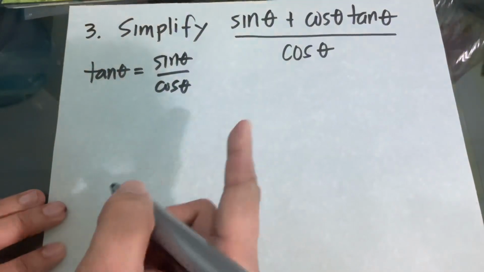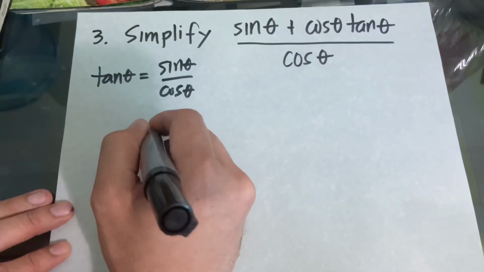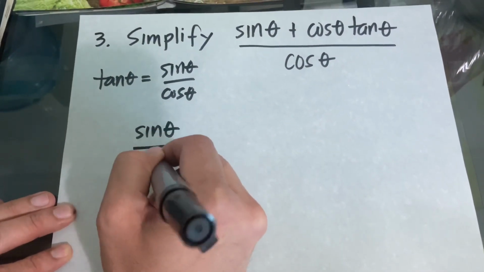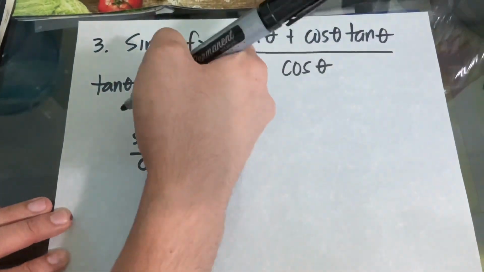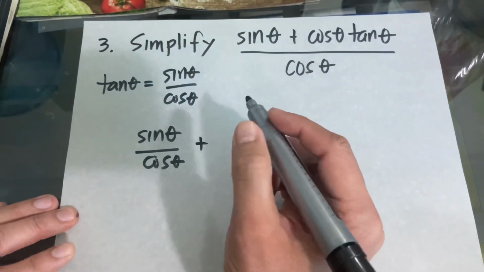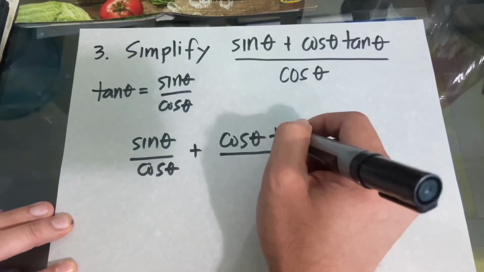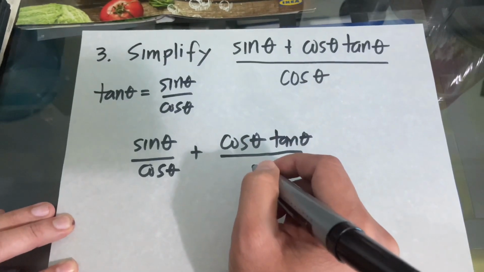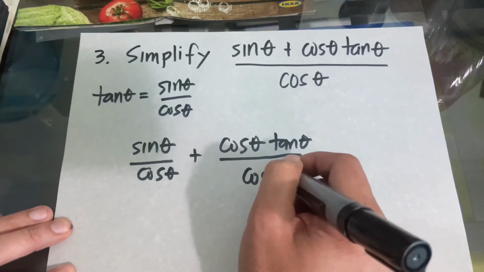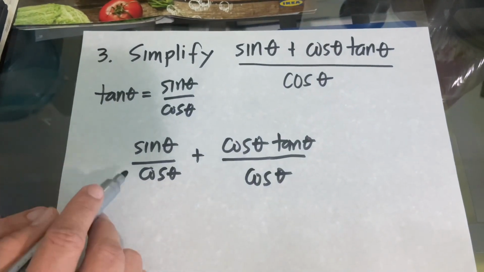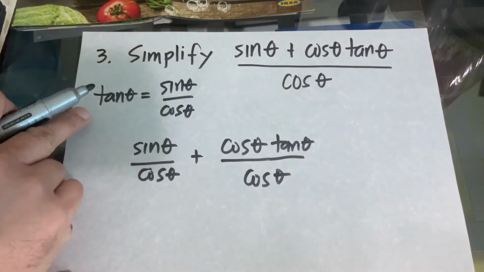So I can rewrite this expression in terms of sine over cosine, right? Sine over cosine plus tangent theta over cosine theta, right? So sine over cosine is what? As we said, it's tangent.